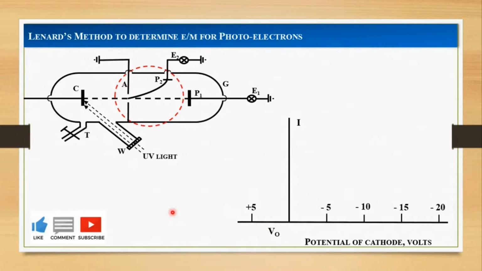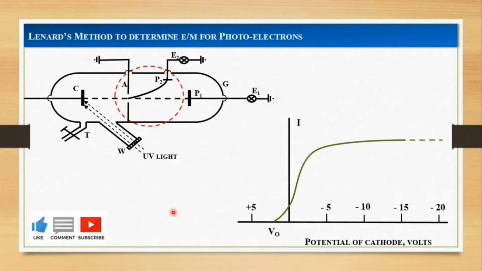When the applied potential V was 2 volts positive, there was a feeble current, showing that few particles possessed velocity to overcome the retarding potential of 2 volts. When the potential was further decreased, the current increased and reached the maximum value at minus 20 volts.